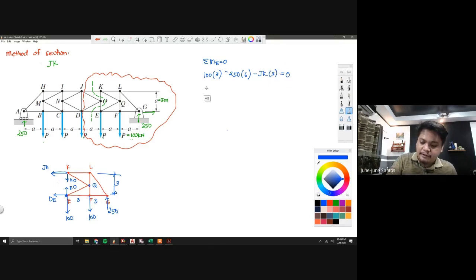So, you have no other forces. So, you can now solve for the value of JK. So, that's 100 times 3 minus 250 times 6, and then you divide it by 3. So you will be having here negative 400 kilonewton, and this is in compression.